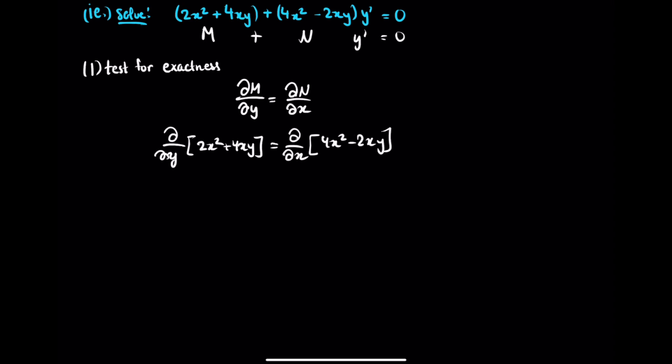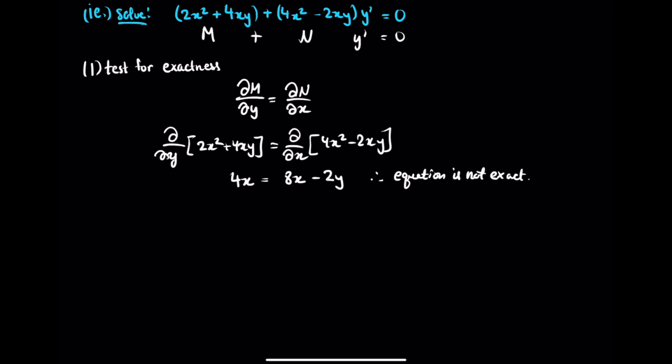So partial derivative with respect to y is going to be 4x, equals 8x minus 2y. And therefore, the equation is not exact. So what do we do when it's not exact? Well, we don't just sit and cry. We solve the equation, right?